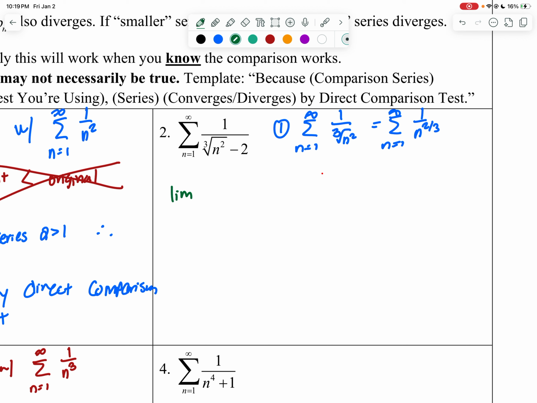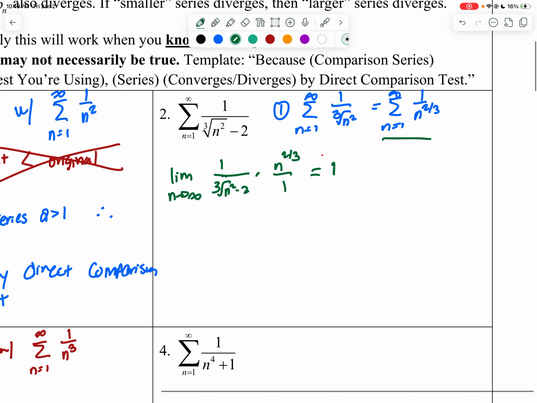So we have the limit as n approaches infinity of 1 over the cube root of n squared minus 2 times n to the 2/3 over 1. Notice how that limit is 1.